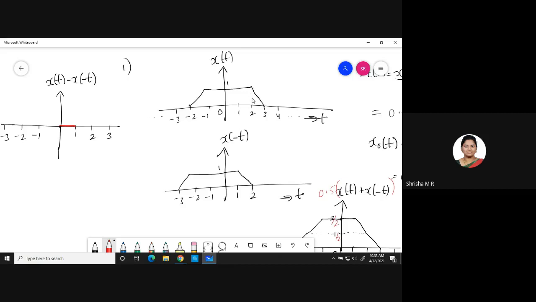At 2 you have 1, and at 2 here you have 0. So 1 minus 0 would be 1. So at 2 it will go to 1. Now go to 3. At 3 you have 0 and 0. So at 3 the signal will again go back to 0.